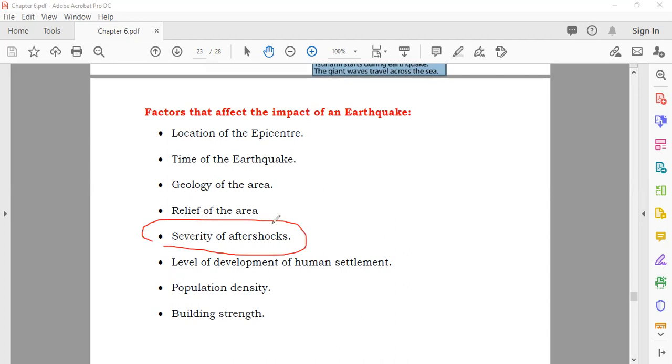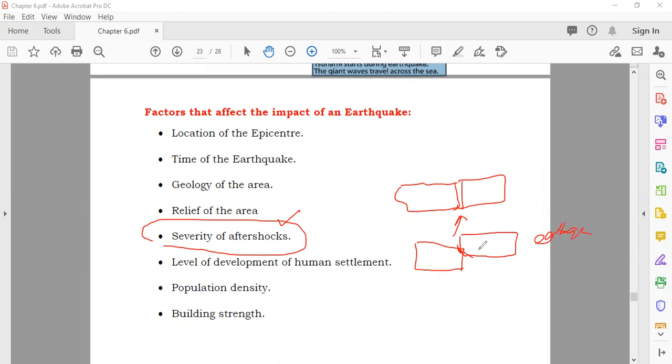What is an aftershock? For example, now this is the plate, they move over each other. Let's say this plate comes over the other, like this. Now the normal position of this plate is this one. When it moves up, the earthquake came and it becomes like this. After some time, these plates will again move away from each other, slowly.